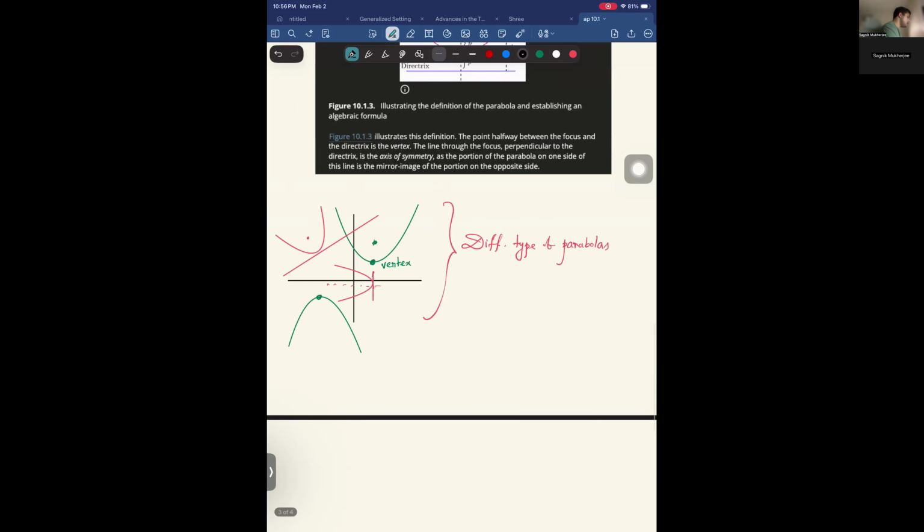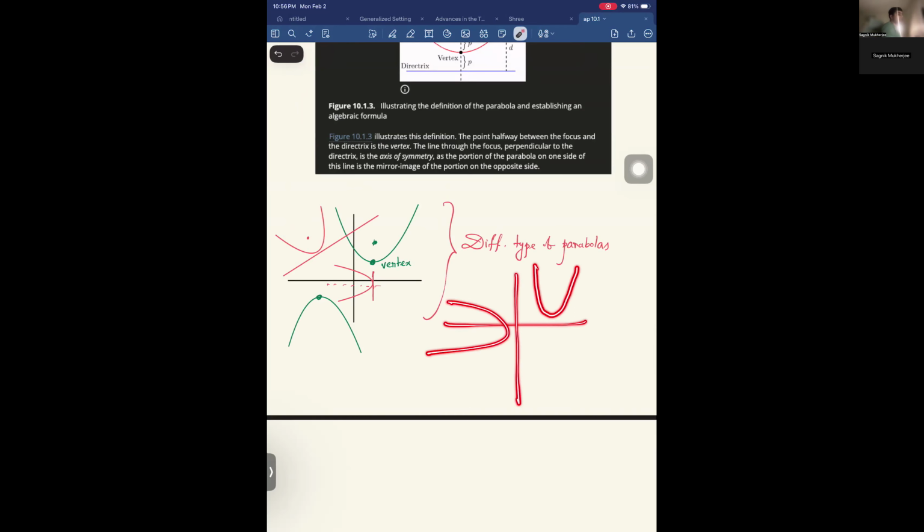All right. So now let's do some math. So for this section, we will always stick to the case when the directrix is either horizontal to x-axis or horizontal to y-axis. So we are not going to consider equation of this parabola. So our parabolas will be either this or this, like in perfectly horizontal or perfectly vertical.